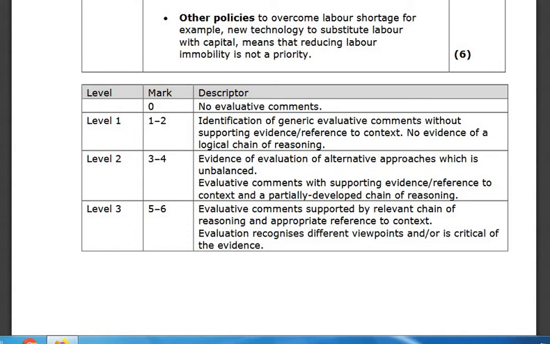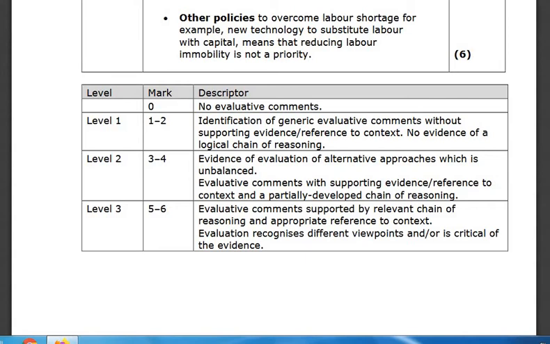So this evaluation grid is a little bit longer. So level 1, identification of generic evaluative comments without supporting evidence, reference to the context, no evidence of a logical chain of reasoning. So you don't want to be there. Level 2, evidence of evaluation of alternative approaches, which is unbalanced.